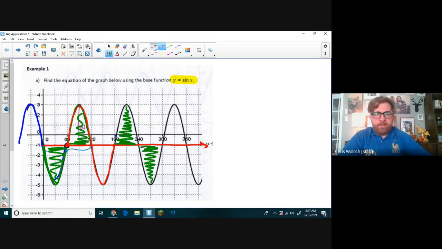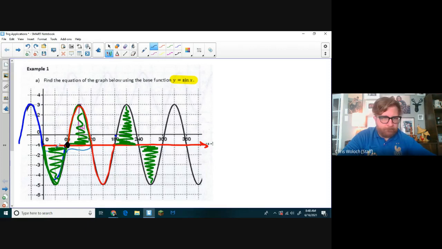So again, what we need to do is figure out the axis of the curve. The axis of the curve is the horizontal line that cuts the function in half. If I'm using sine, the starting point of sine is generally where the axis of the curve is.